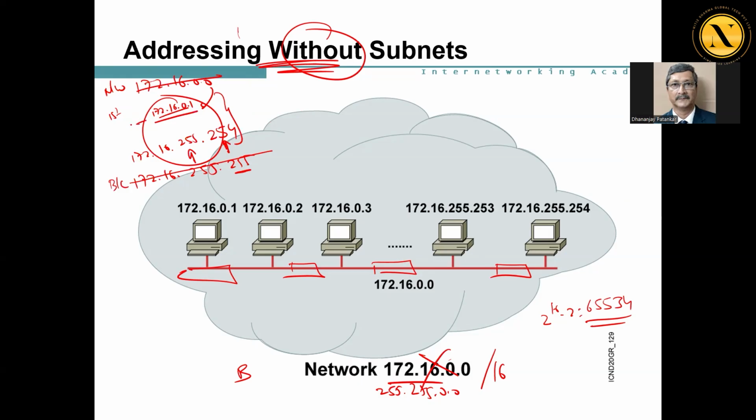172.16.0.1, 172.16.0.2, 172.16.0.3, right? You keep going like this, 172.16.0.4, till 172.16.0.254.